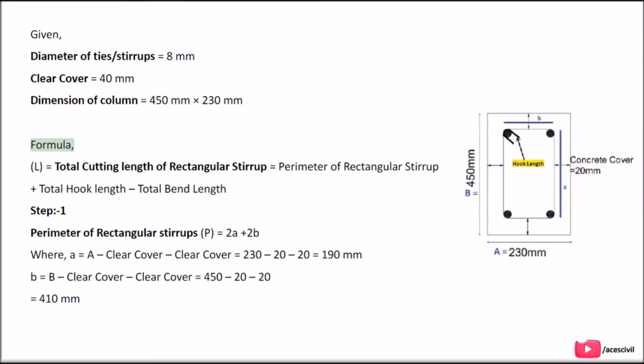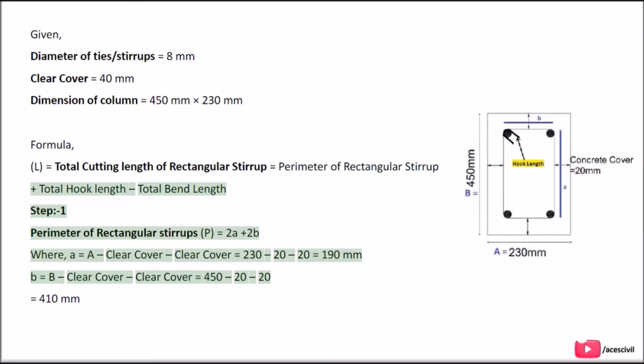Formula: L equals total cutting length of rectangular stirrup equals perimeter of rectangular stirrup plus total hook length plus total bend length.